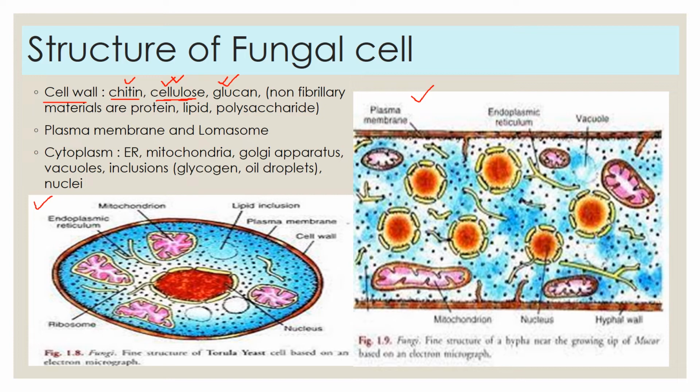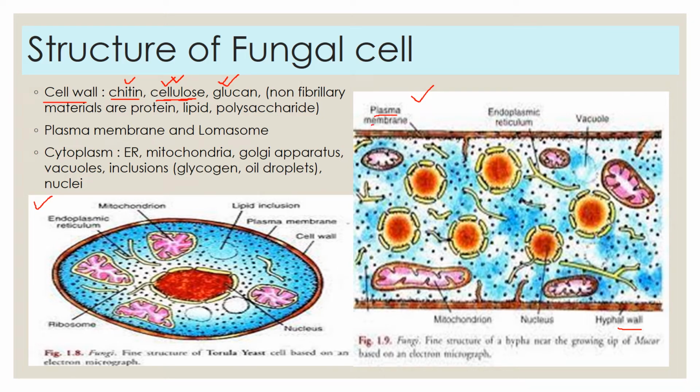These polymers form the fibrillar portion of the cell wall, and they are laid in parallel layers to the plasma membrane. So this is the cell wall, the hyphal wall, and inner to the hyphal wall is the plasma membrane.